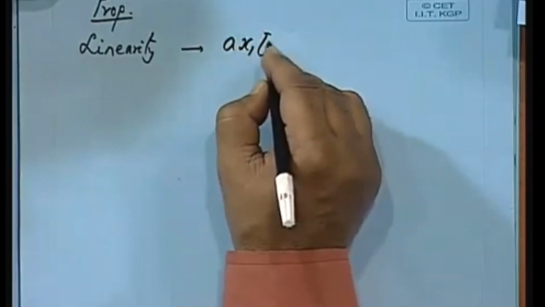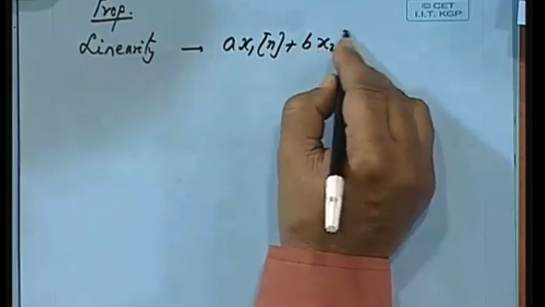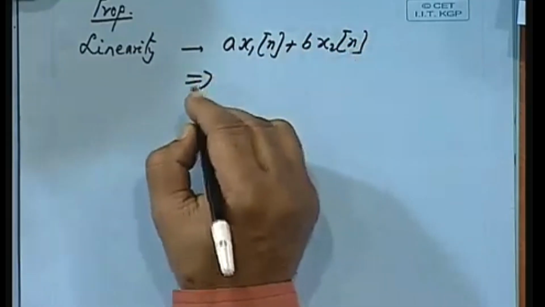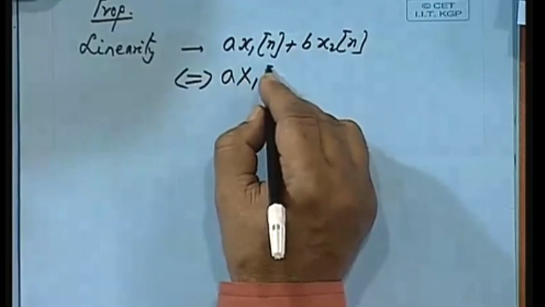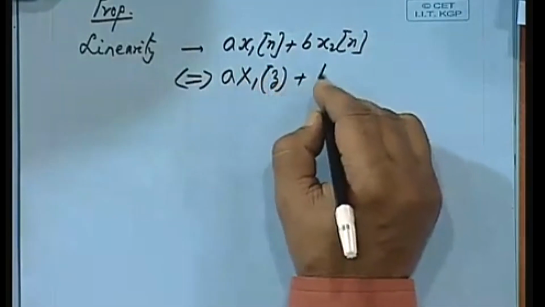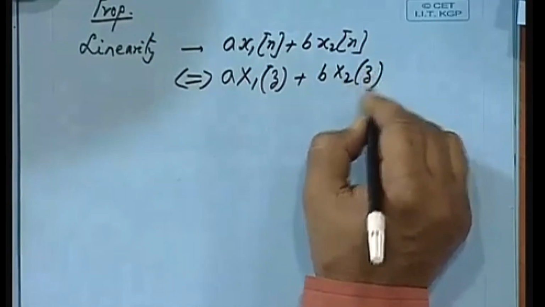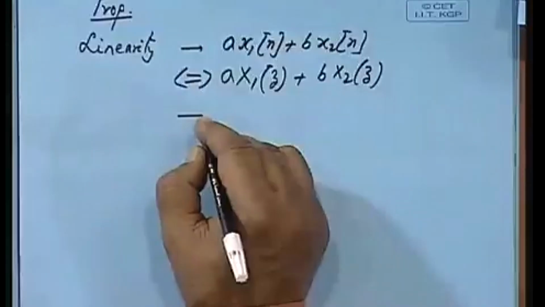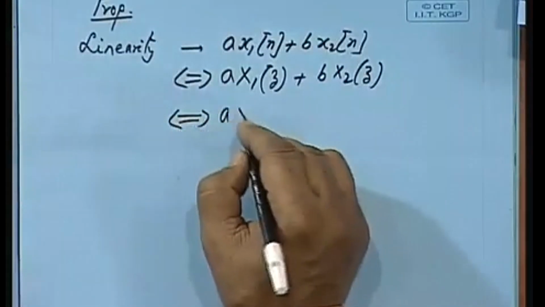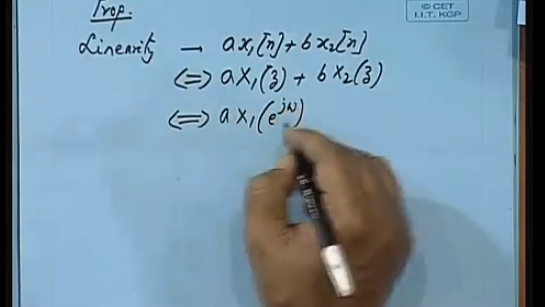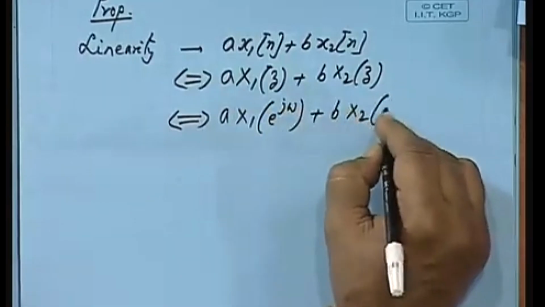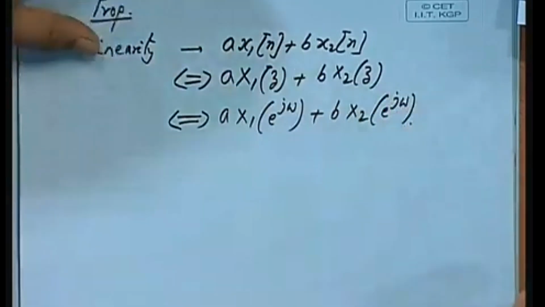A into x 1 n plus b into x 2 n gives me A into the corresponding Z transforms x 1 z and x 2 z multiplied by A and B. This we also observed for frequency domain representation, A into x 1 e to the power j omega plus b x 2 e to the power j omega, when we discussed DTFT, discrete time Fourier transform. We will get back to that very soon.